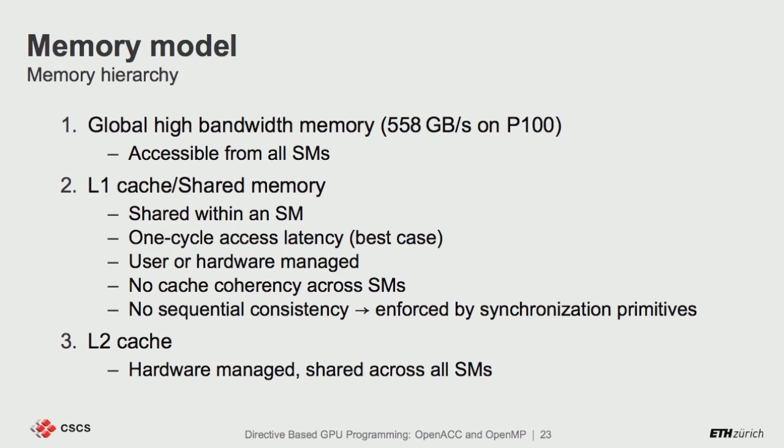In the new Pascal, it's the new high bandwidth memory technology that delivers very high bandwidth. For example, you see here it's 558 gigabytes per second, so this is huge. And this is accessible from all SMs. It's the global memory of the GPU, so this is usually the memory where you put your arrays, and it's basically your workspace.